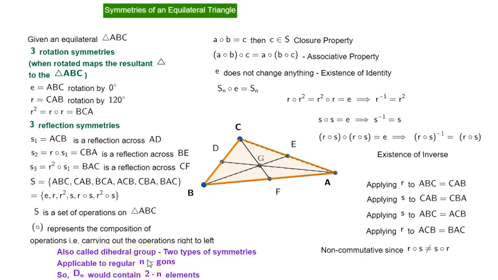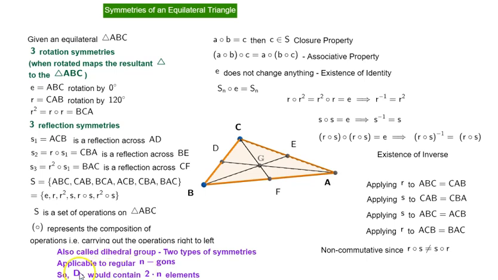Why dihedral? Di means two. So we have two types of symmetries, rotational symmetry and reflective symmetry, and applicable to regular n-gons. So this is a regular n-gon. It's a regular triangle, equilateral triangle.